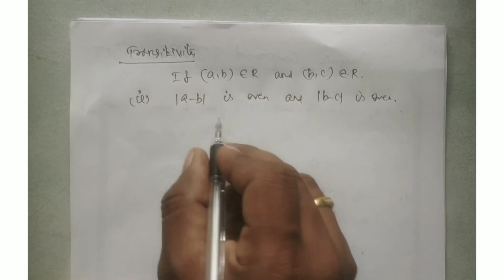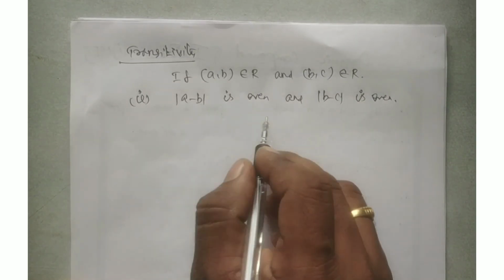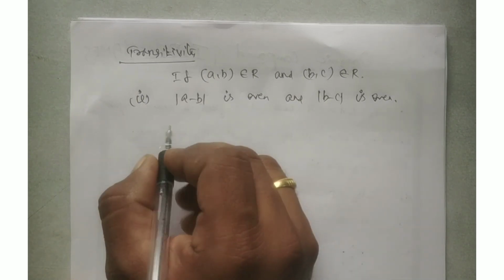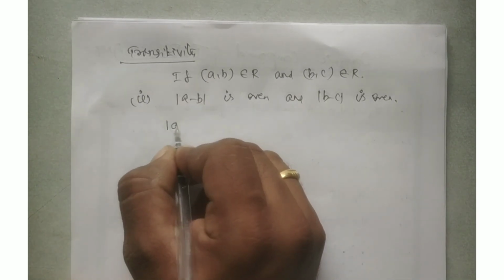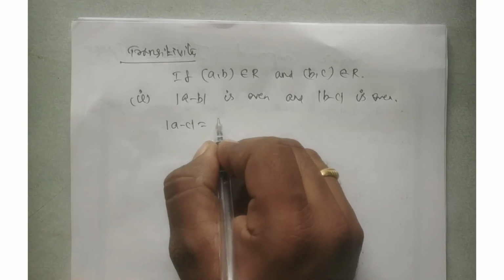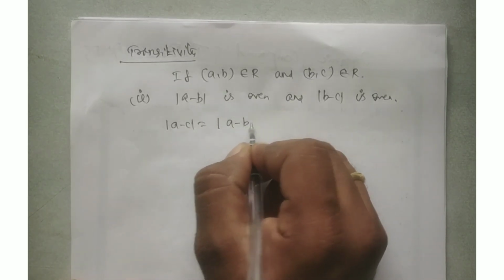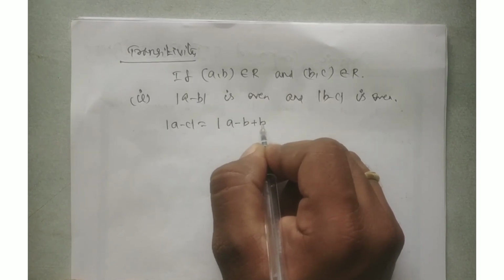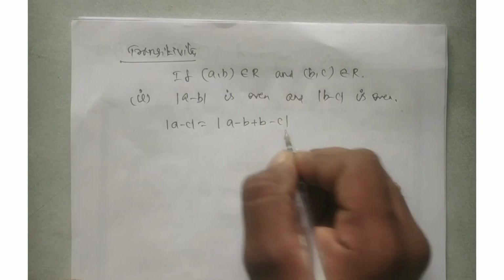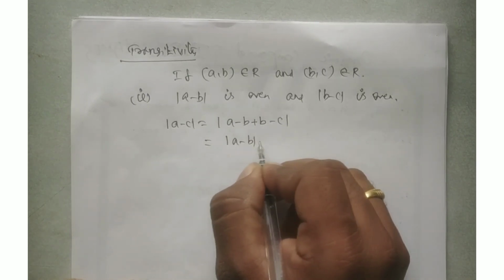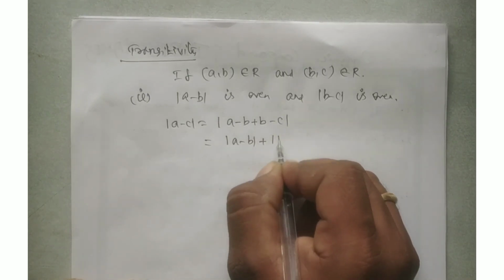These two are even, so I need to show that modulus of A minus C is also even. See that here I am writing modulus of A minus C equal to, inside the modulus I am adding minus B, and to compensate I am adding plus B minus C. This can be written as modulus of A minus B plus modulus of B minus C.